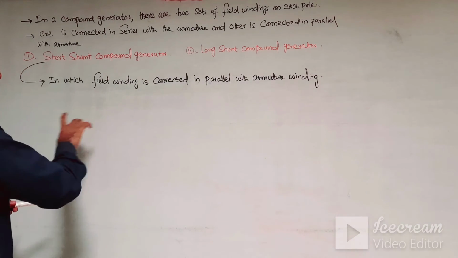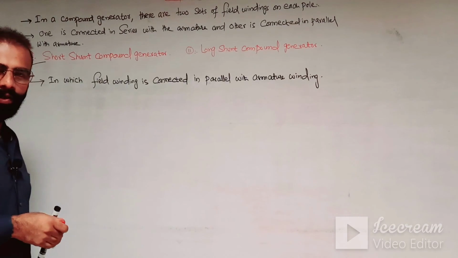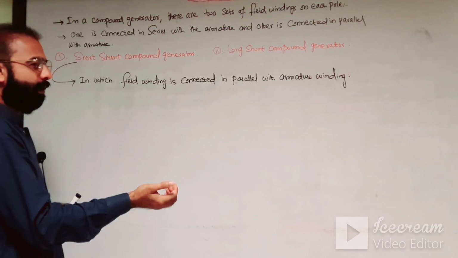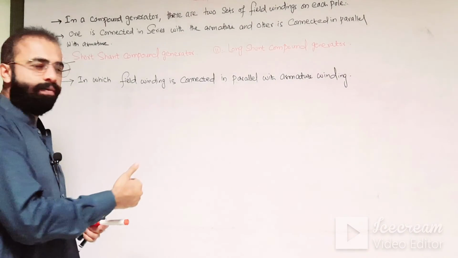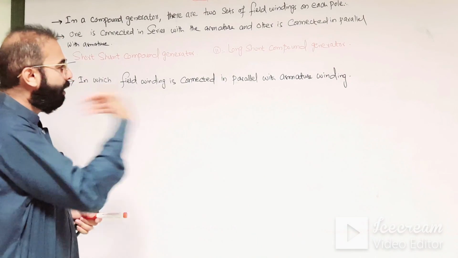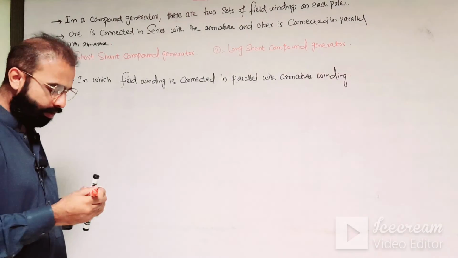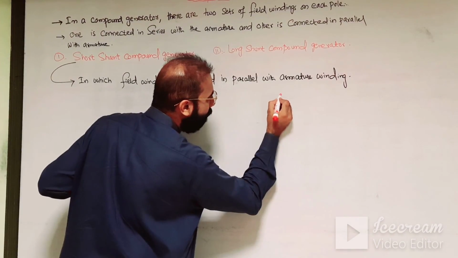First we need to draw the circuit diagram of the short shunt compound wound generator, and after discussing the diagram we will derive and write some mathematical formulas related to the short shunt compound wound generator. So let us draw the circuit diagram.